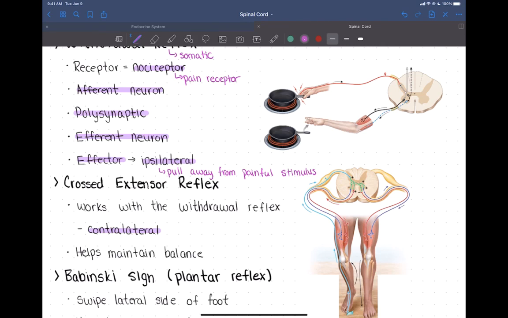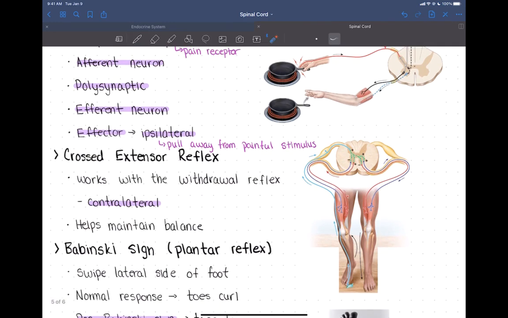Paired with this withdrawal reflex is typically going to be a reflex that's called a crossed extensor reflex. It works in conjunction with that withdrawal reflex. However, it's contralateral. Think of this as a counterbalance, especially with the stepping on a Lego example. To counterbalance that withdrawal reflex, if you suddenly pick up your left foot because you stepped on a Lego, you definitely want your right foot to extend and take the weight.